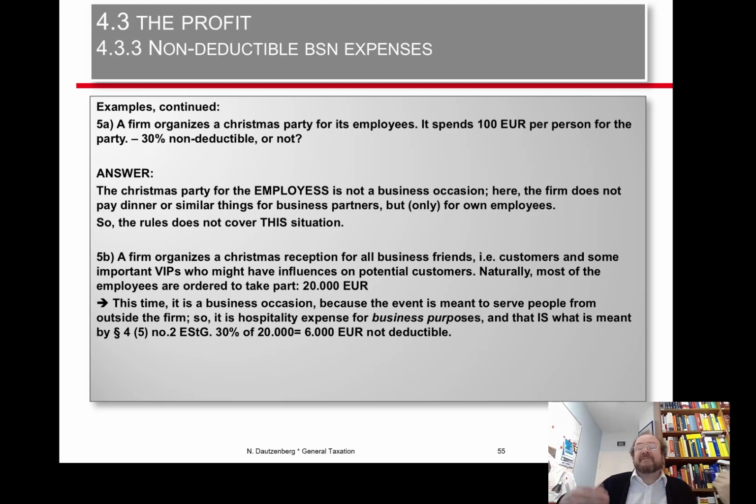Because that is inviting business friends, business partners, clients, or suppliers to restaurants or having similar occasions. This not. If, on the other hand, you make a Christmas party for all business partners, customers, and suppliers, and naturally all your employees also have to show up, then this would be 4-5, number 2, because this is now primarily a business occasion, not an internal activity of the firm. So that would be deductible there.